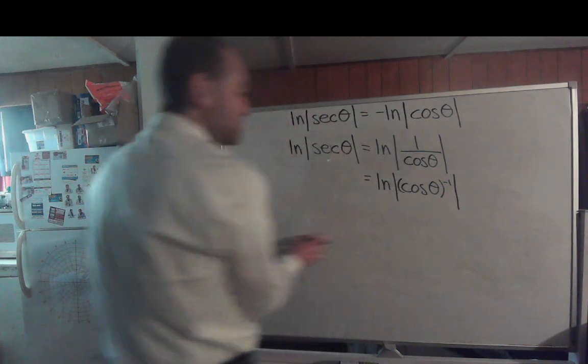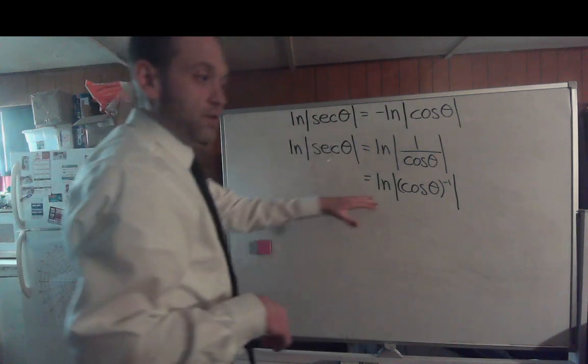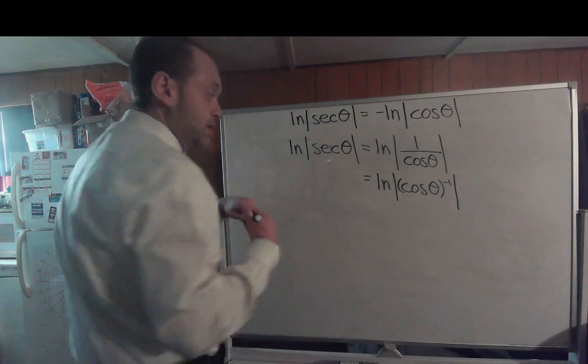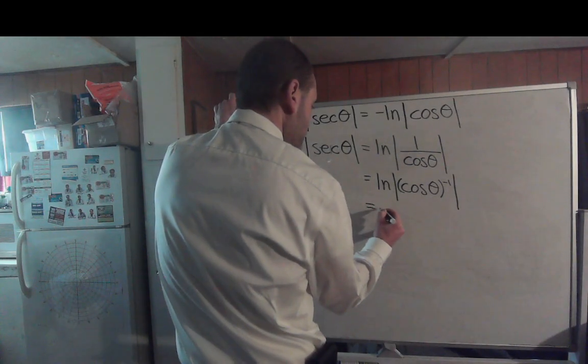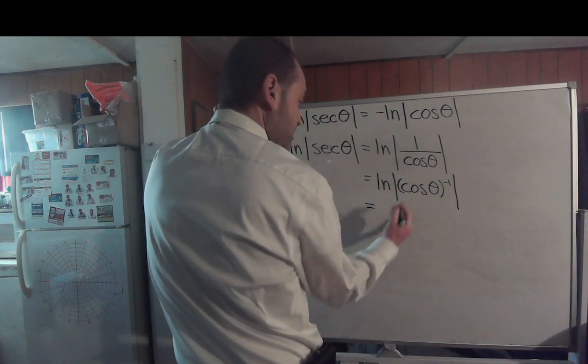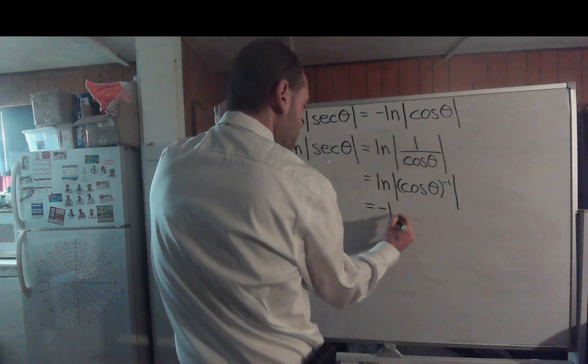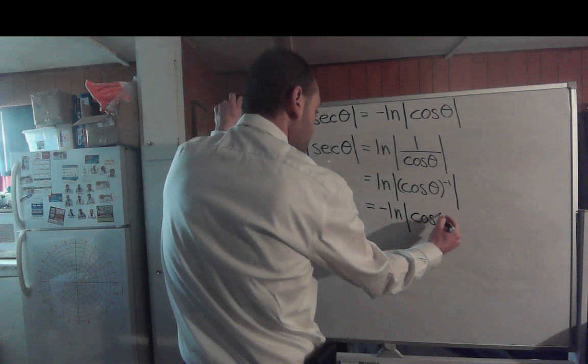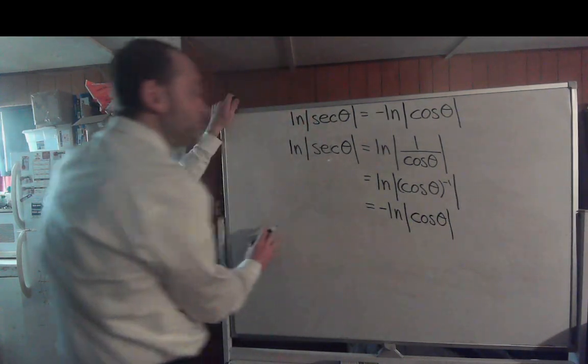Now, what does the power rule say for logarithms? For logarithms, you can bring that power out front. So this would just turn into negative 1 times the natural log of the cosine of theta, or simply negative natural log of the absolute value of the cosine of theta.